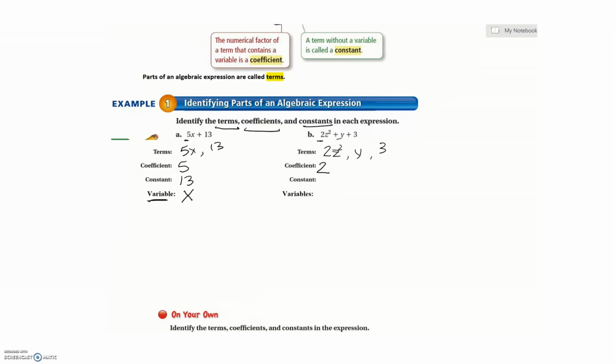If I have just a variable by itself, there's always an invisible 1 in front of it. 1 times a number doesn't change it, so mathematicians don't usually write it if we don't have to. So 1 is a coefficient there. The constant in this situation is just the 3, and our variables are z squared and y.